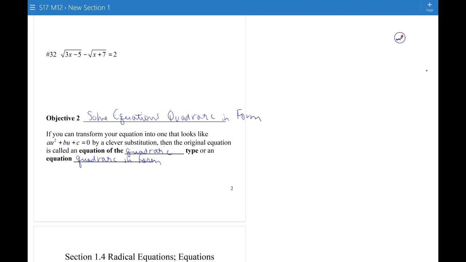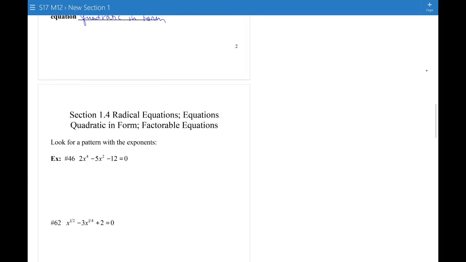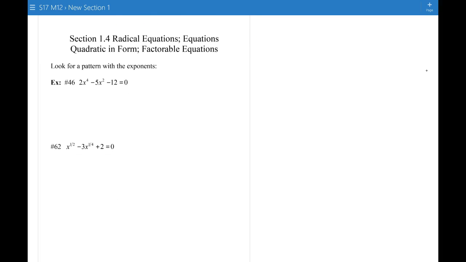So that u can be any sort of algebraic expression. So let's look at some possibilities where we have a substitution we can do, which then will create a pattern that gives us quadratic in form.